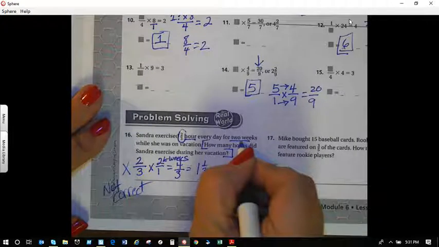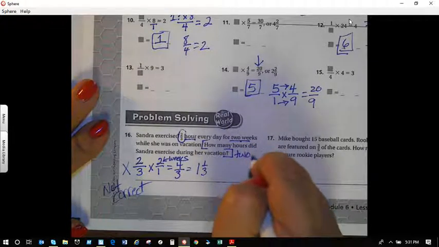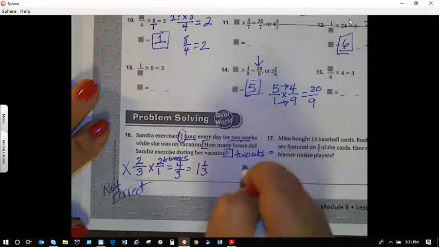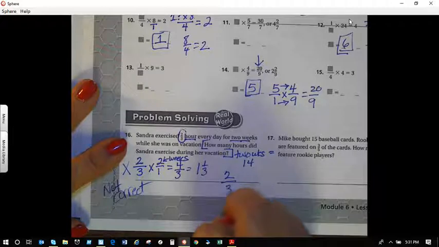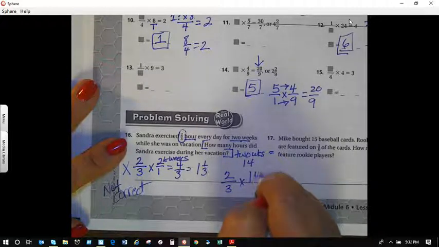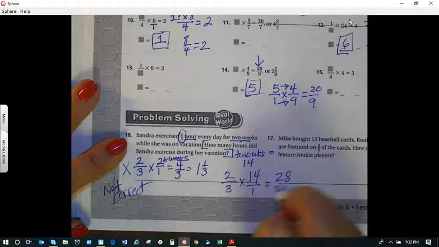How many days are in 2 weeks? So 2 weeks equals 14 days. So now if we're going to take the 2/3 times the 14 days over 1, 14 times 2 is 28 over 3.